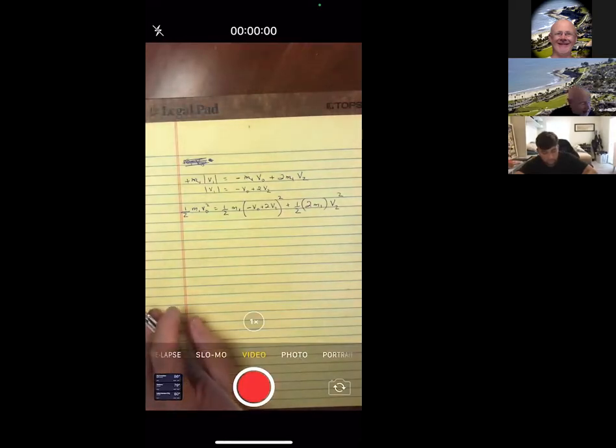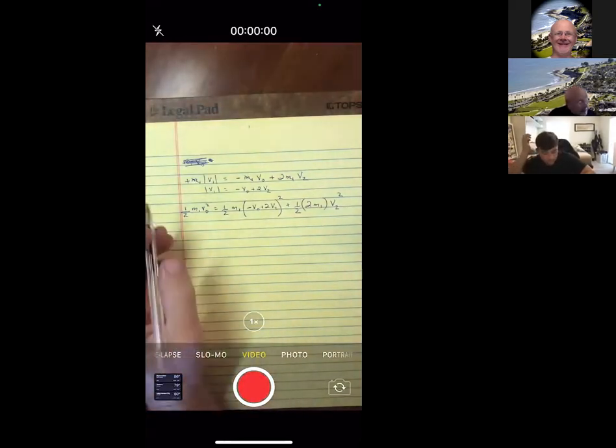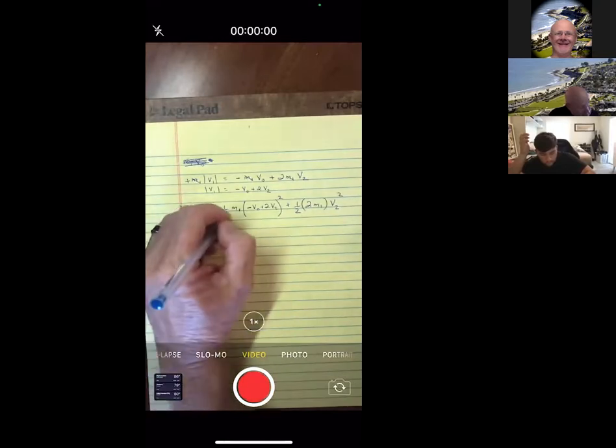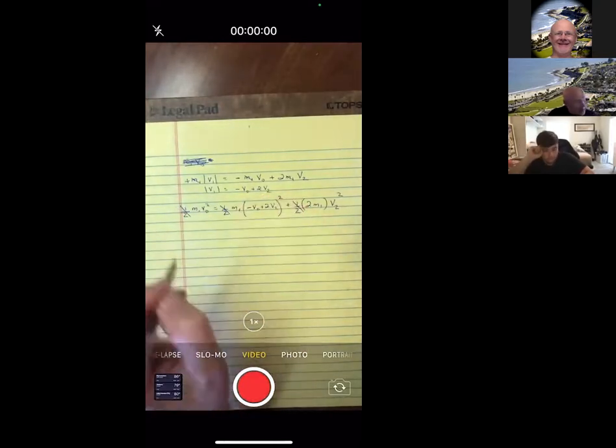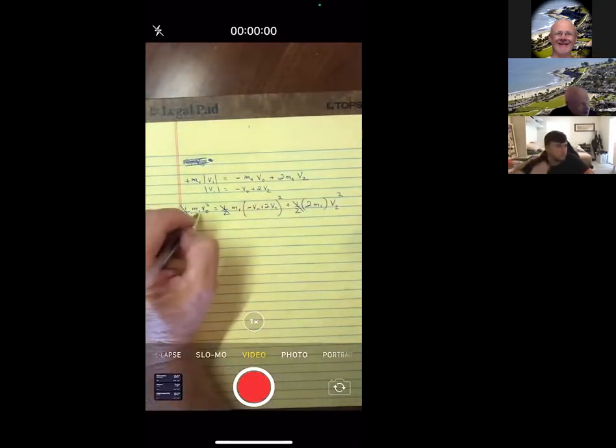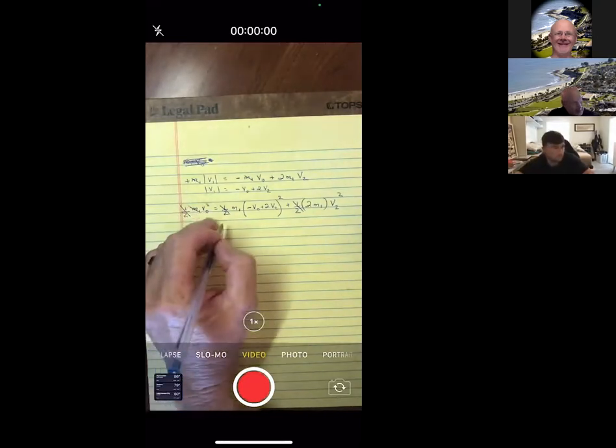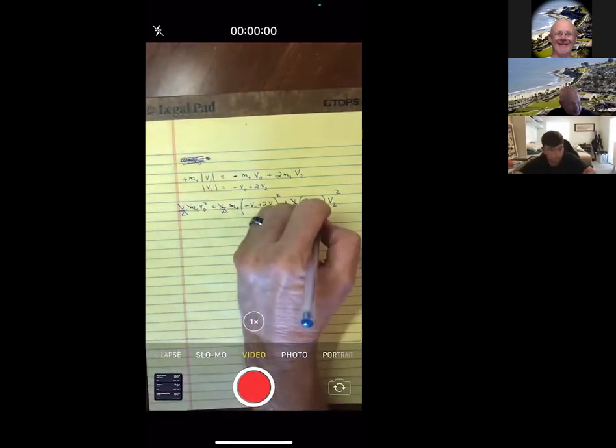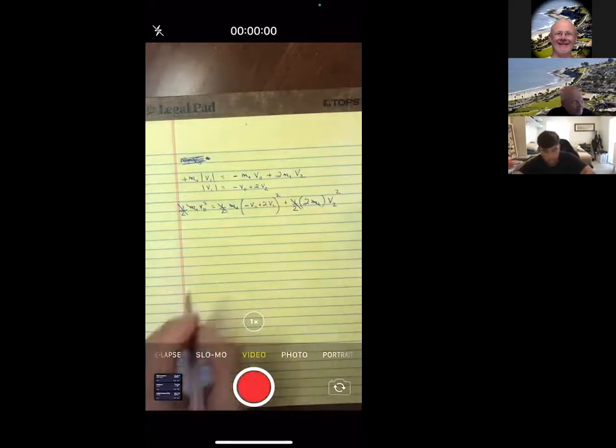So again, like we had last time, each term has a 1/2, so we can cancel that off. Each term also has an m1 in it. We can cancel that off.